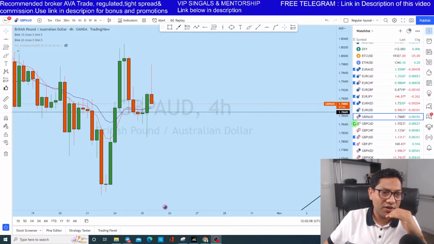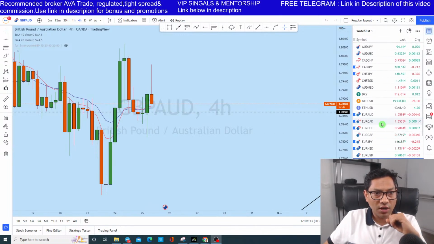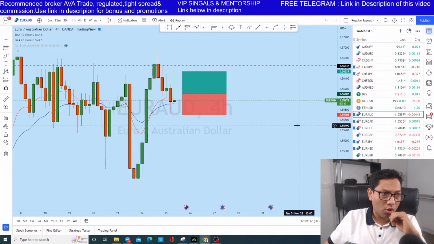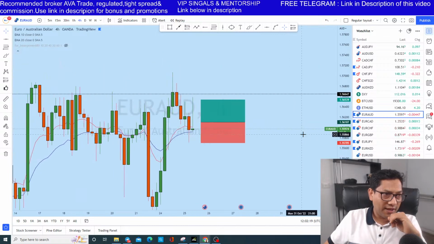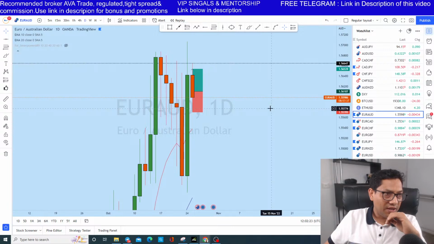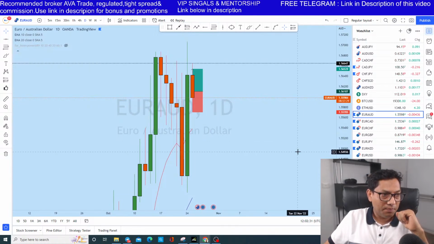First of all, we'll look at some of the pairs including Euro AUD. We've gone long on Euro AUD. On the daily perspective, it has created a bullish candle. From this candle we expect to see some bullish move on this instrument.